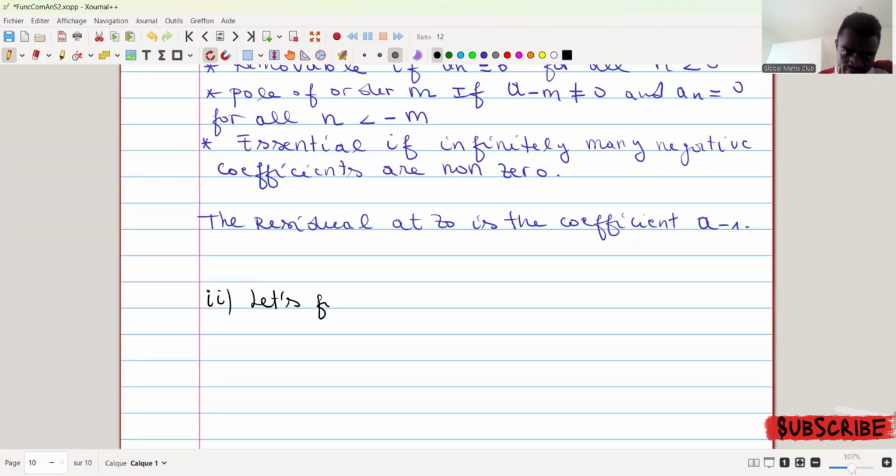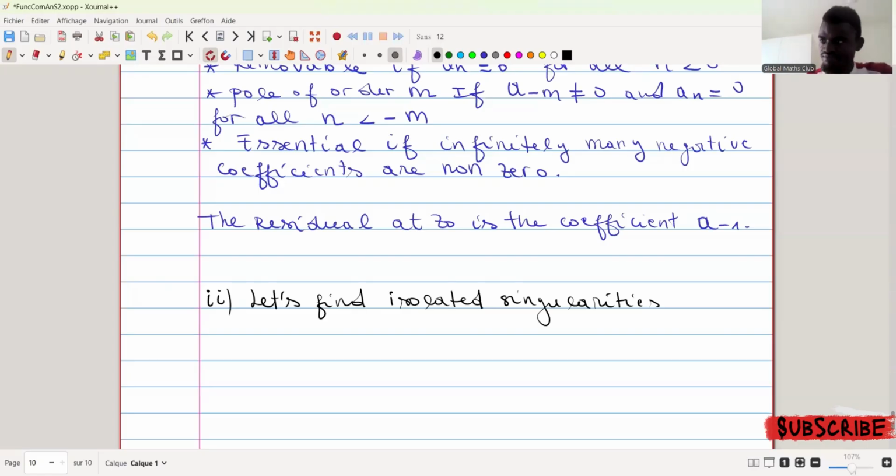So let us find isolated singularities, classify them and compute residues.